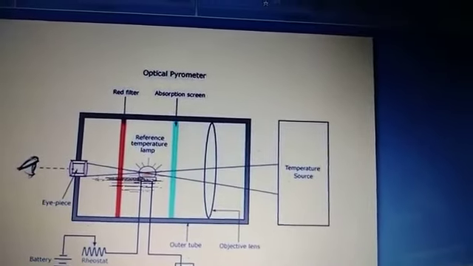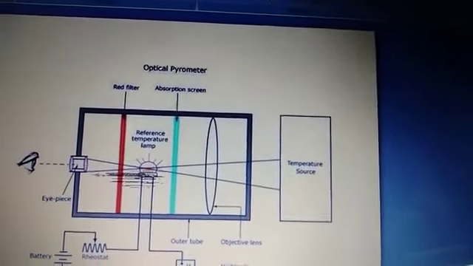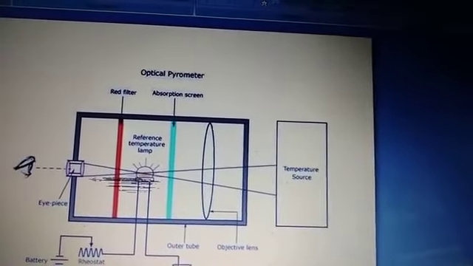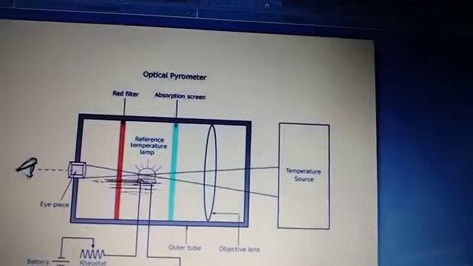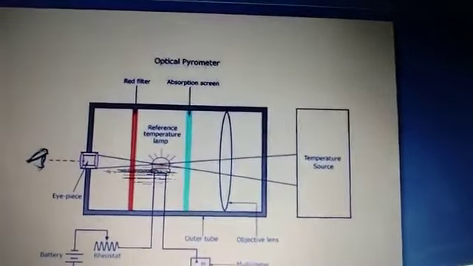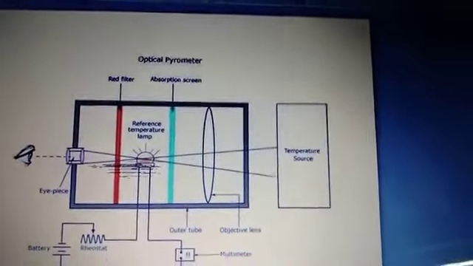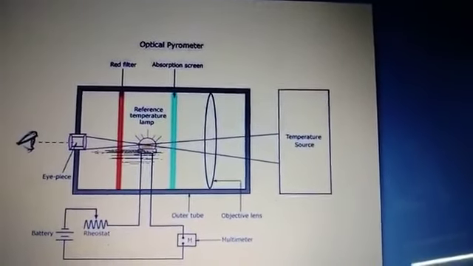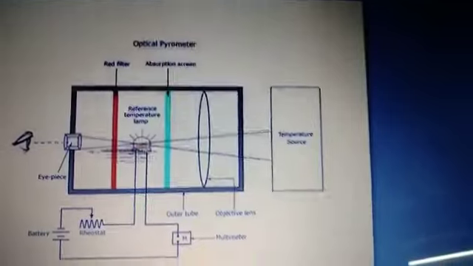So we can find the temperature in terms of brightness. Measuring the brightness of radiation is an index to measure the temperature of a radiating or heated zone. This is the circuit arrangement of the optical pyrometer.